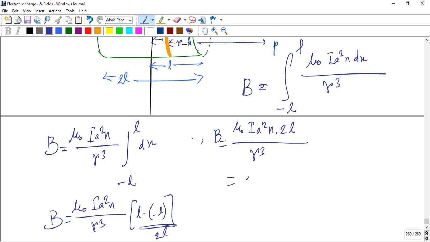Now suppose you multiply by 4 pi, mu 0 by 4 pi I. Now replace the magnetic moment mu, which is equal to NIA.